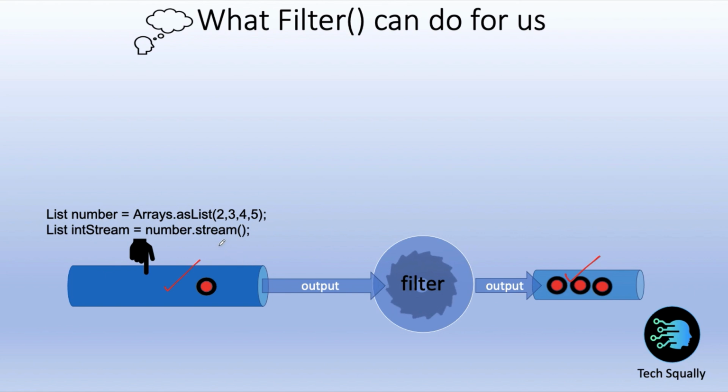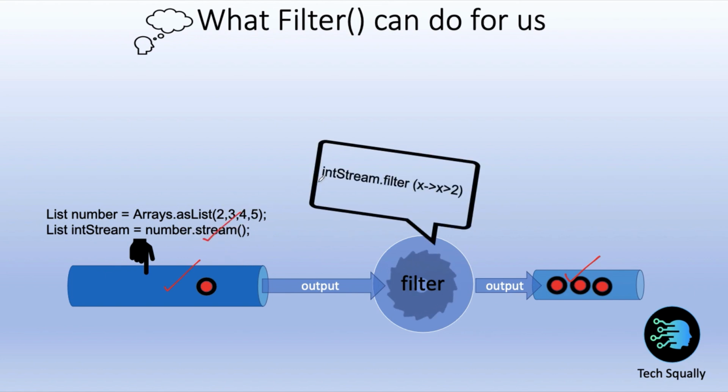On that integer list I created a stream using the stream method, and on that stream I applied the filter, and under filter we have to pass a Boolean condition. On the basis of this condition, the filter performs its operation and gives us a final stream with filtered objects.